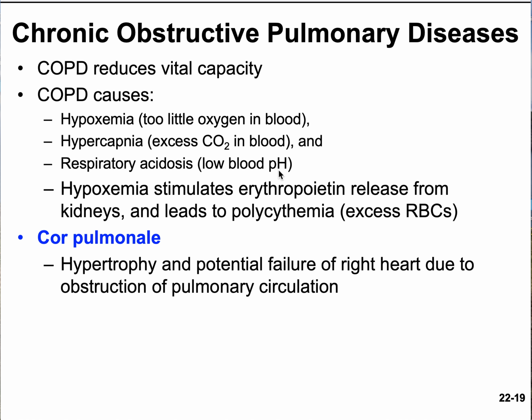It has a low blood pH because you've got excess CO2, and you would have learned about that in section 22.3. And as a consequence of not having enough oxygen, we stimulate the production of erythropoietin, which is a hormone from the kidneys, and leads to the production of extra red blood cells.